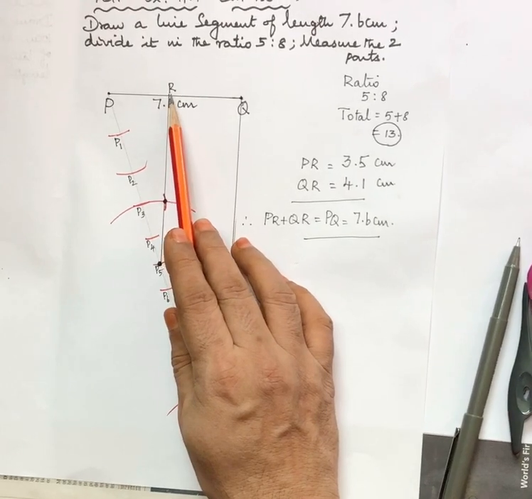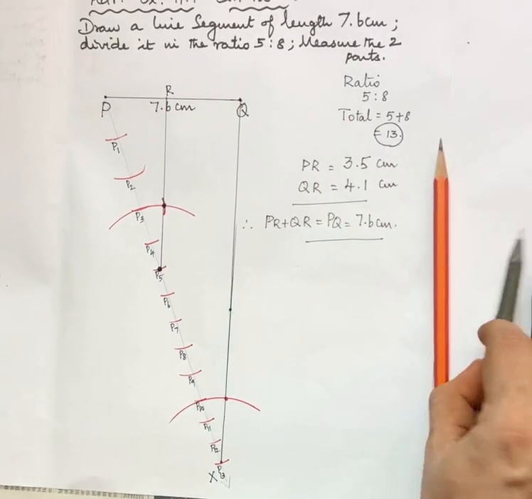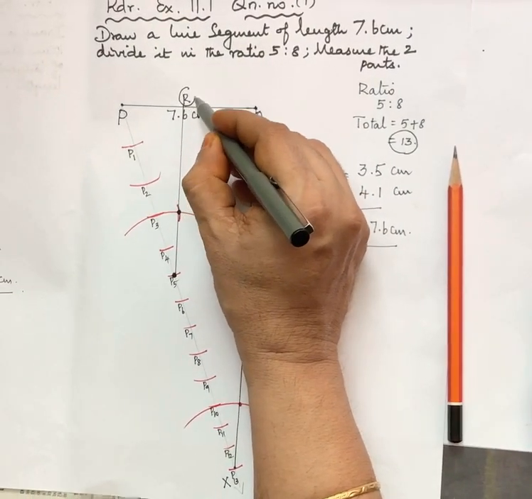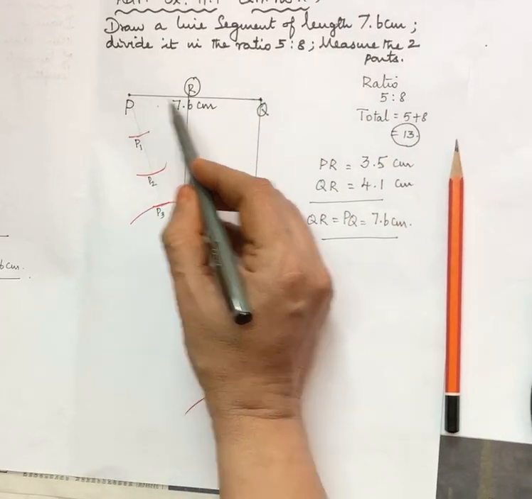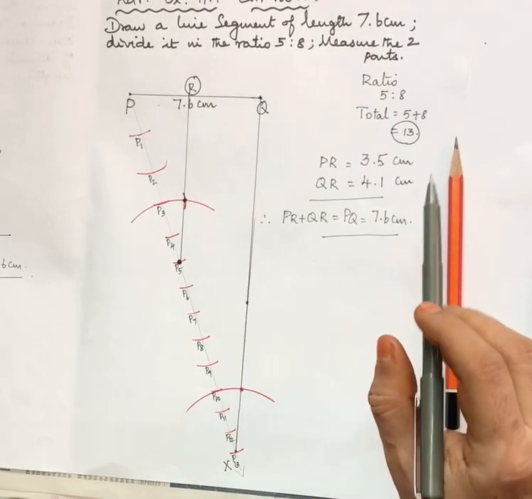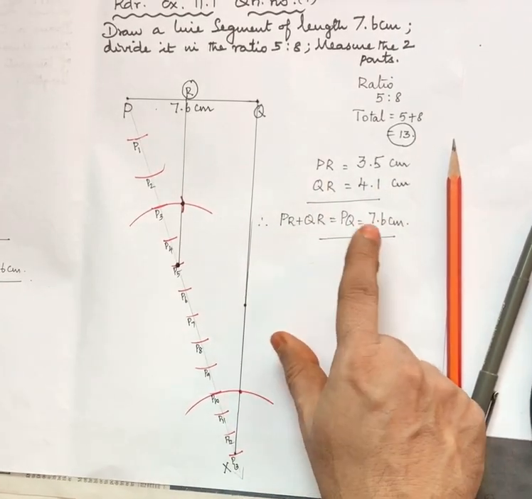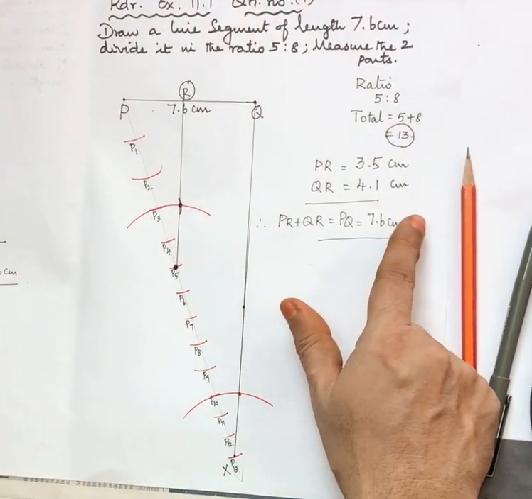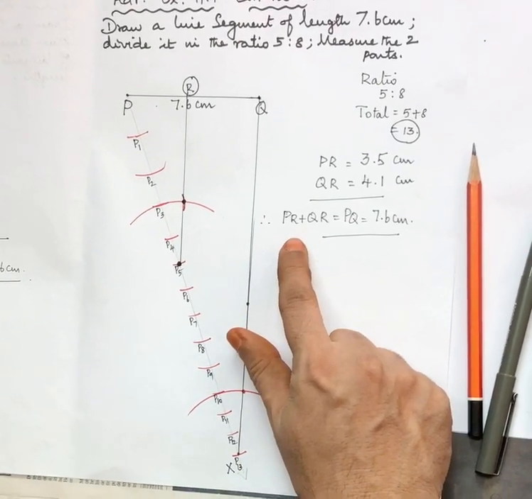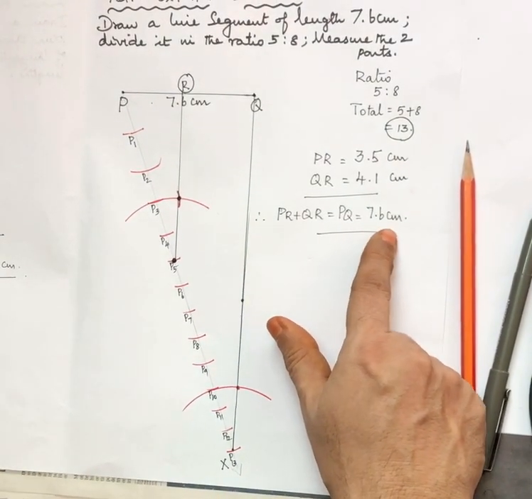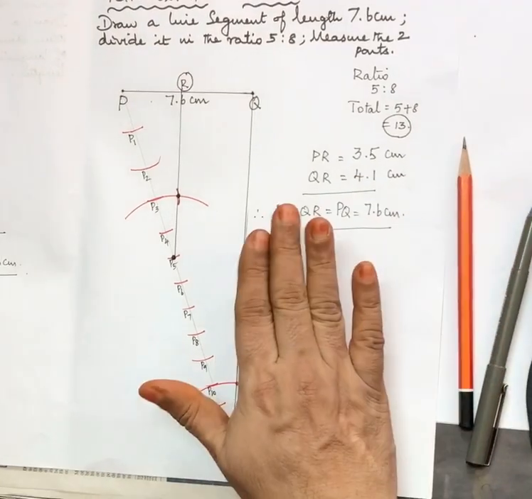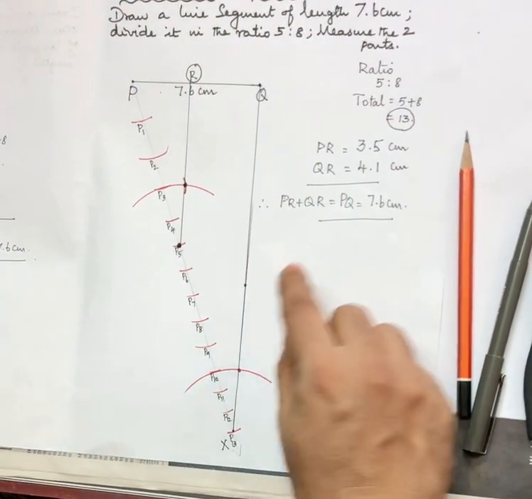And this R is the point of division. At R the line segment is divided into two parts in the ratio 5:8. So measure PR using scale, QR using scale, and the total should not exceed 7.6. Okay, this is the construction for question number 1.